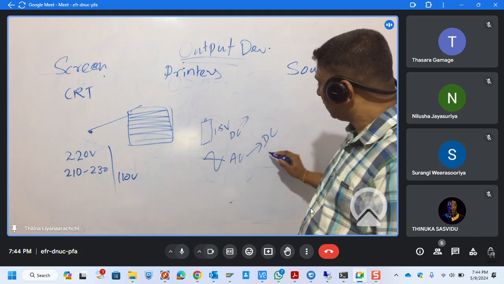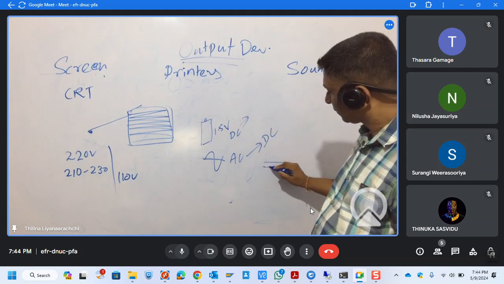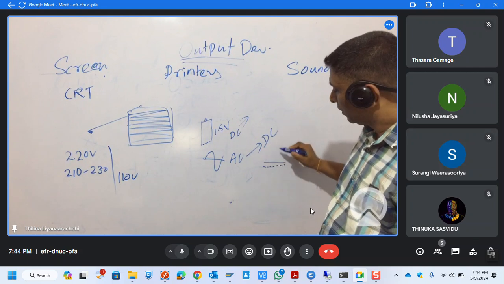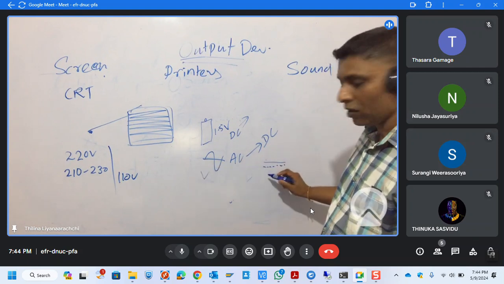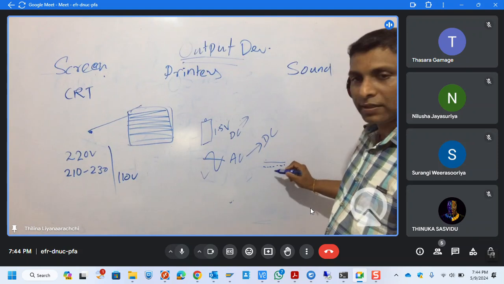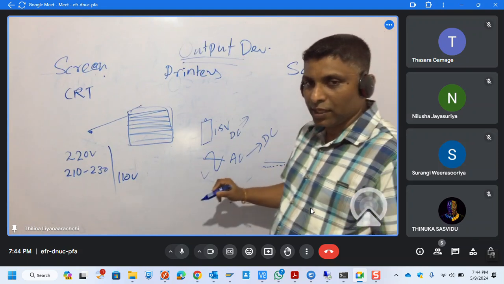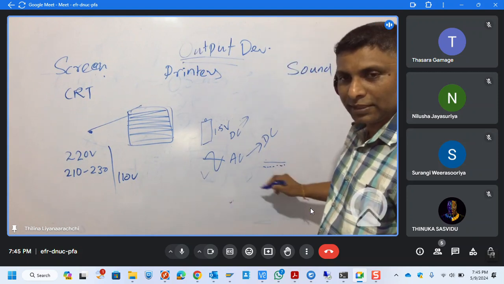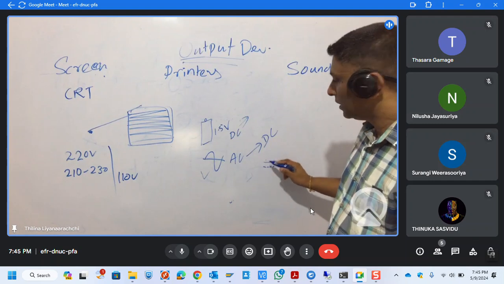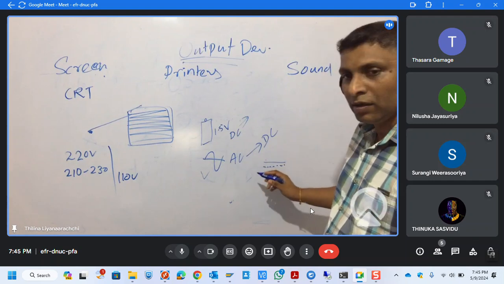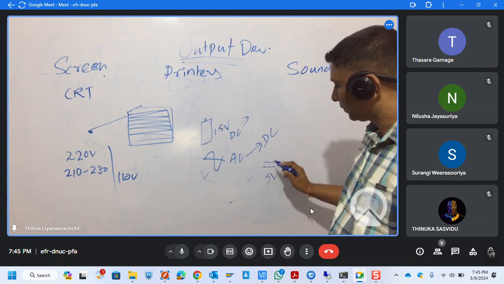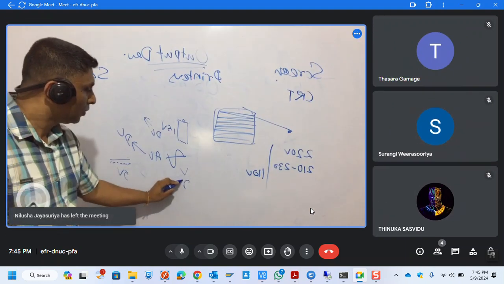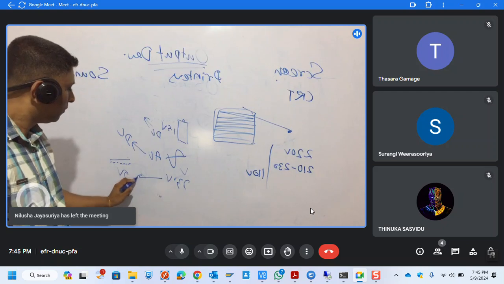So basically DC we represent like this, and AC we represent like this, analog. Check your charger and you might see this icon. Your phone usually uses 5 volts, so it converts 230 volts to 5 volts.